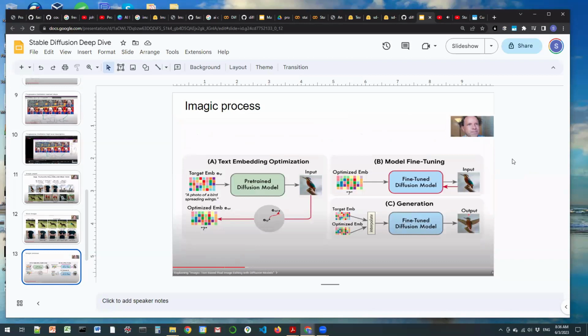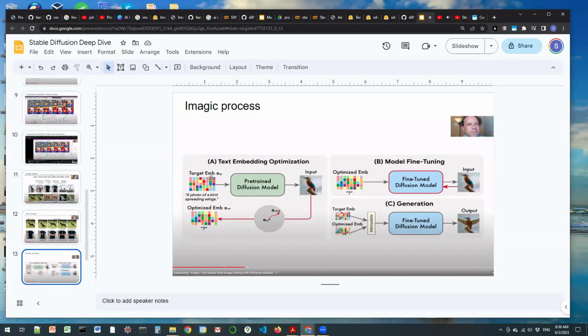So how do they do that? Again, not getting into the nitty gritty of the code, but at this stage, trying to get an intuitive understanding of the process. So the Imagic process is simply a 3-step process.